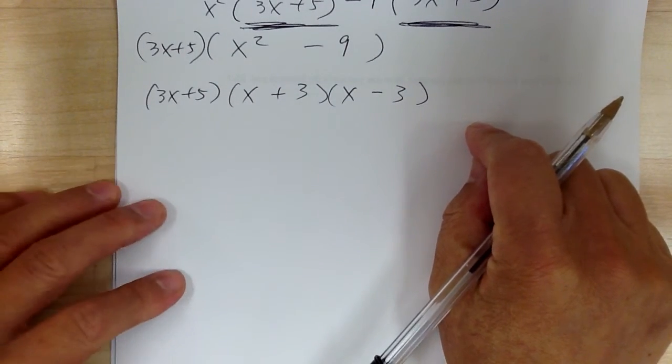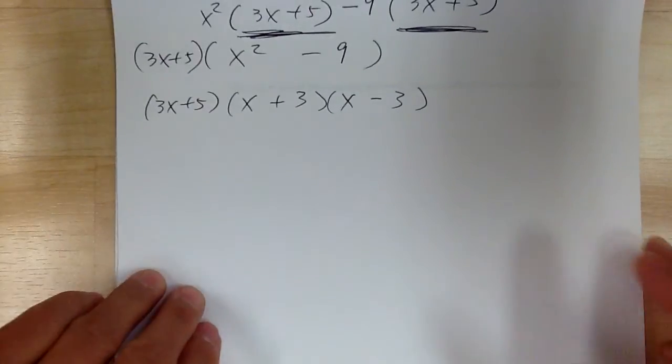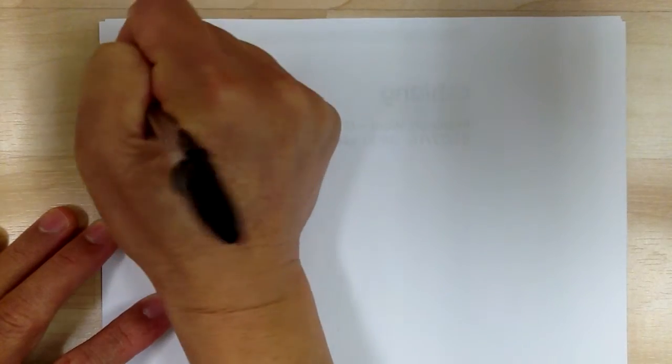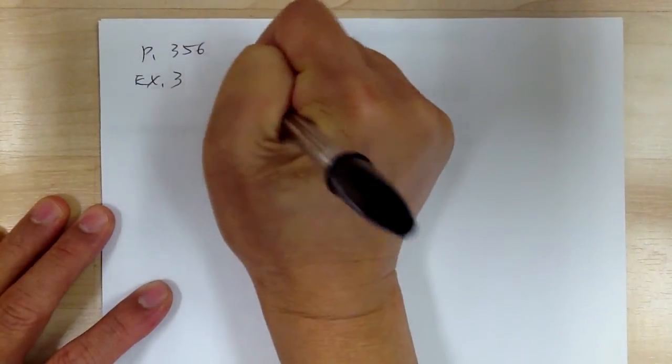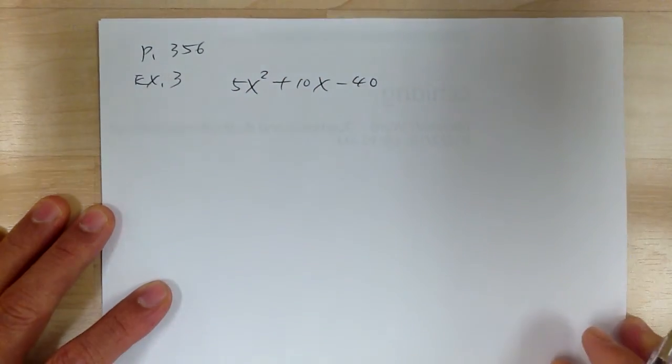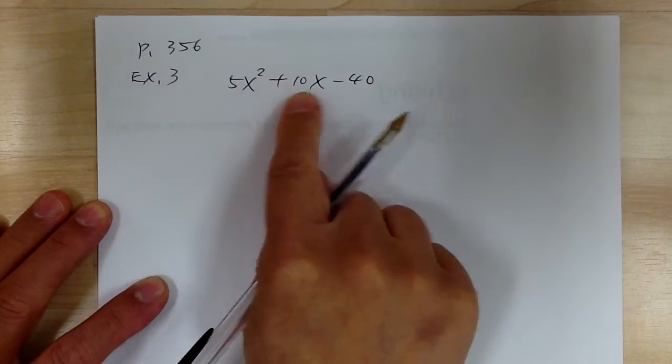Now let's go to example 3. You have 5x squared plus 10x minus 40. So step 1, common factor: 5, 10, and 40.